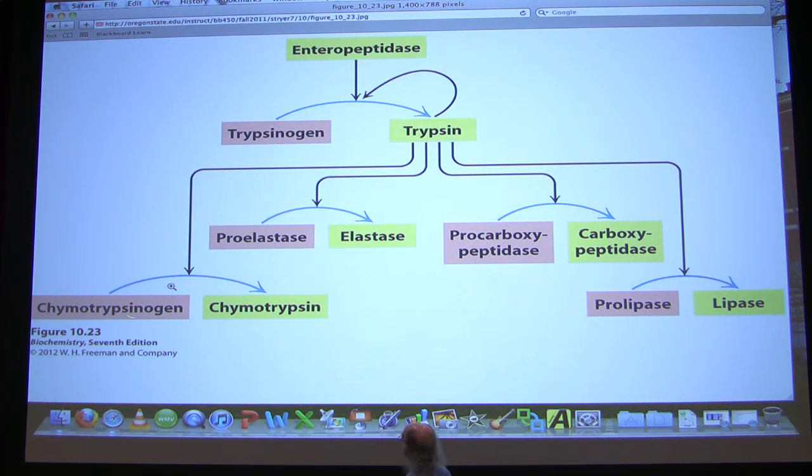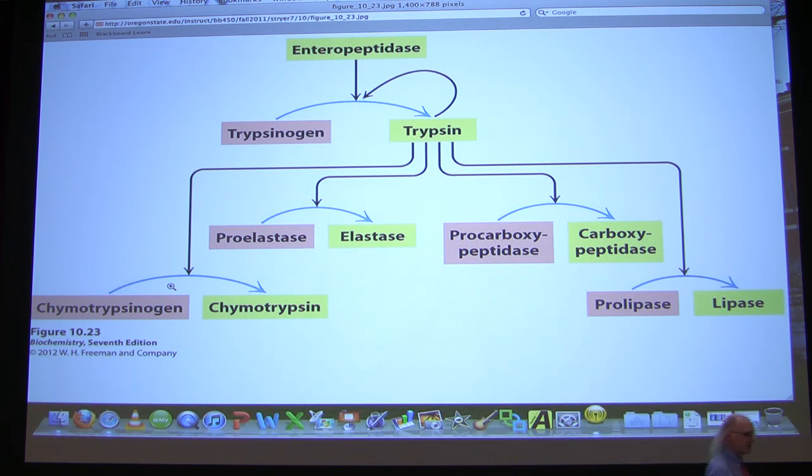Here's chymotrypsinogen that you saw here. Here's procarboxypeptidase. That's another enzyme that breaks down proteins. Here's proelastase. Generally, when you see a pro on the front, that's the equivalent of an ogen on the end. It means it got named before they started using ogen to name them. Proelastase gets converted to elastase. And I'm going to talk more about that one in just a minute.